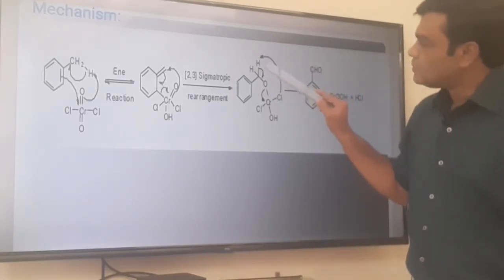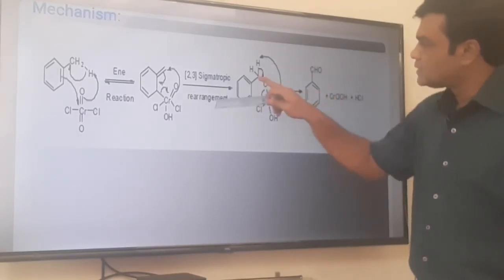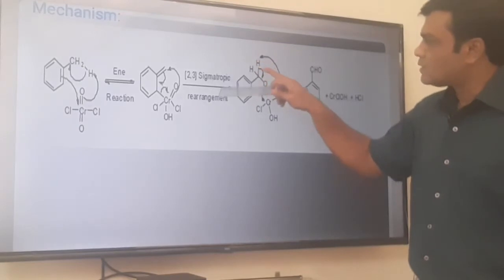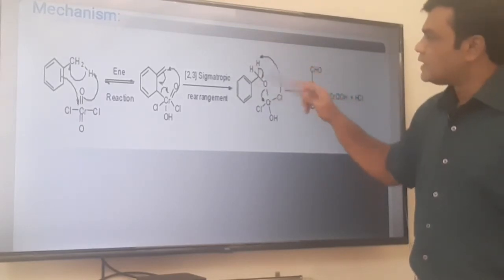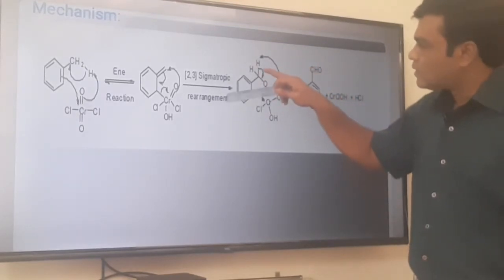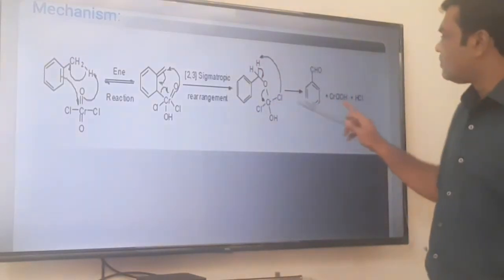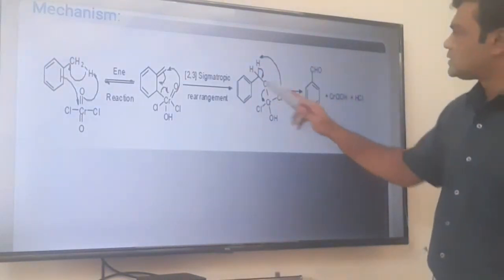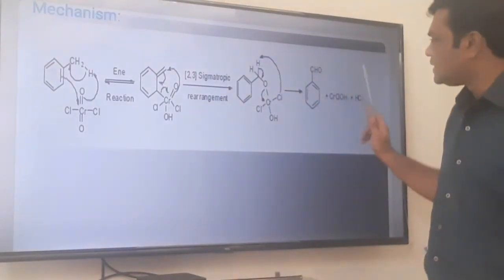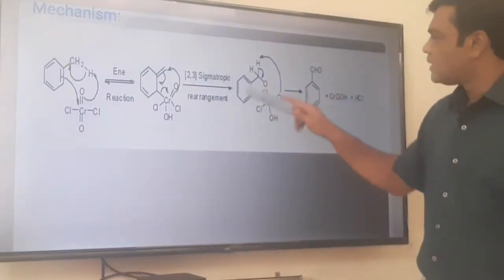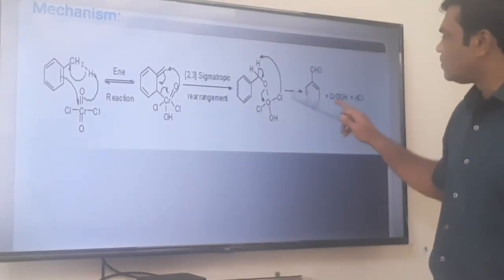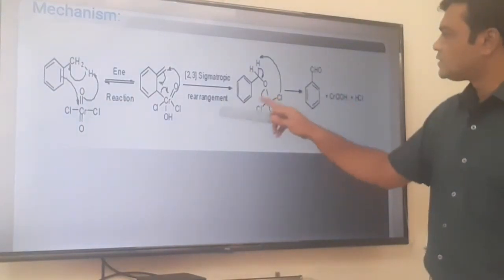After that, in the next step, see what happens. From this CH2 group, deprotonation takes place. This bonded pair of electrons is shifted here, so a double bond is formed between carbon and oxygen, and this proton is migrated here. When this new bond is formed between carbon and oxygen, this proton is migrated, and we get this byproduct, H positive, Cl negative, that is HCl, and another byproduct, chromium attached to chlorine and OH, this one.